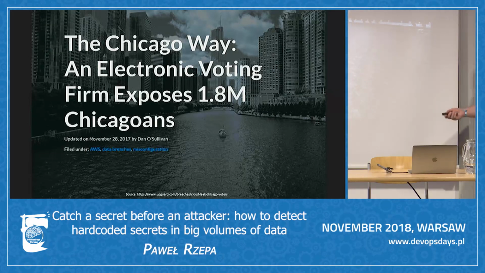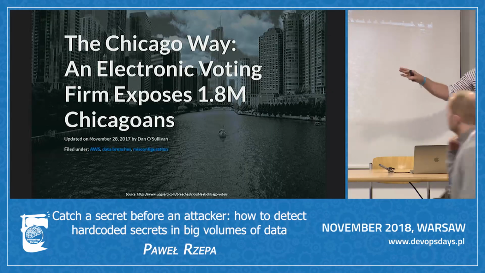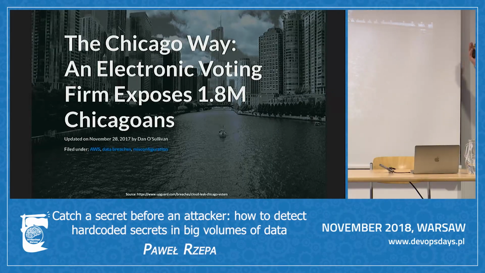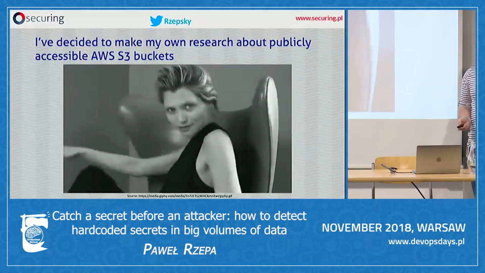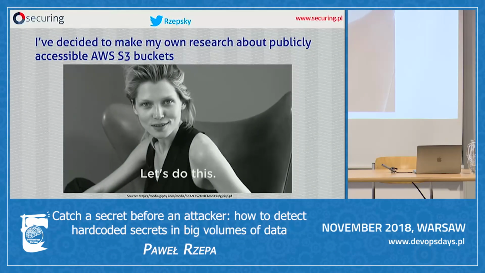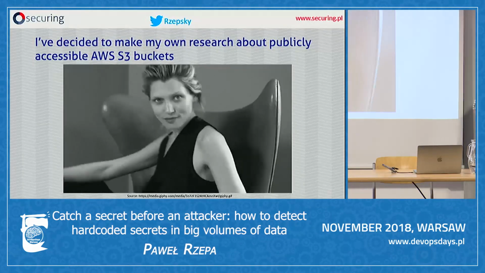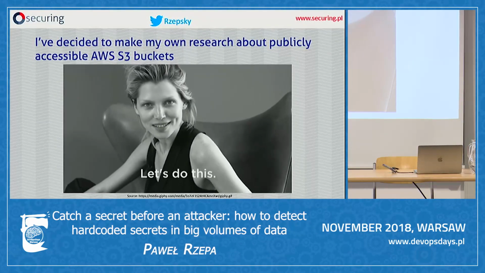What was interesting was that it was only this one bucket. The buckets containing data of other people from the other states in the US were restricted, but nobody knows why they put this one open.